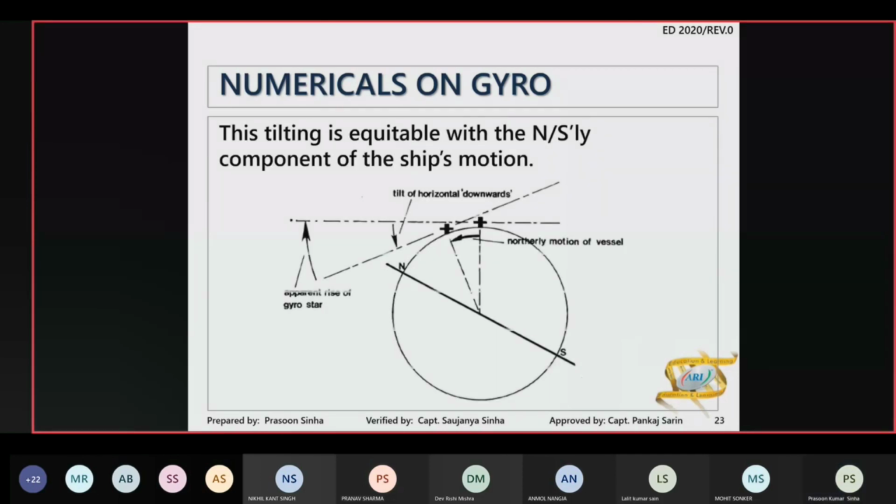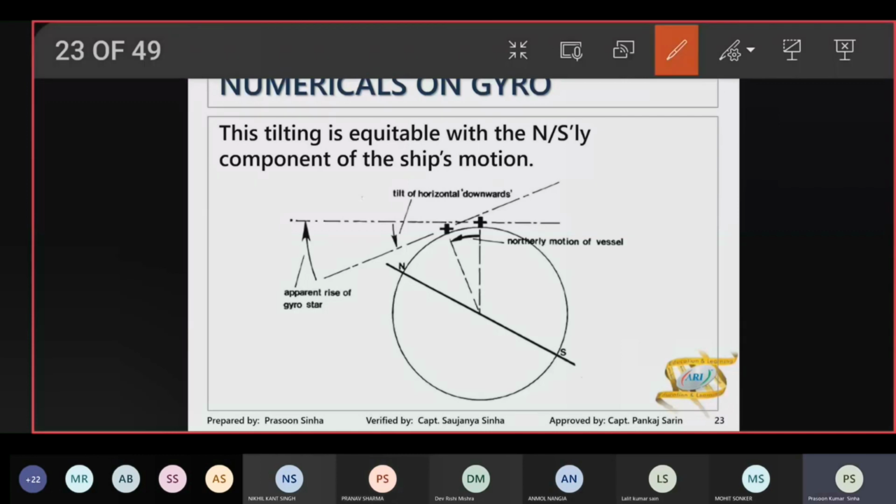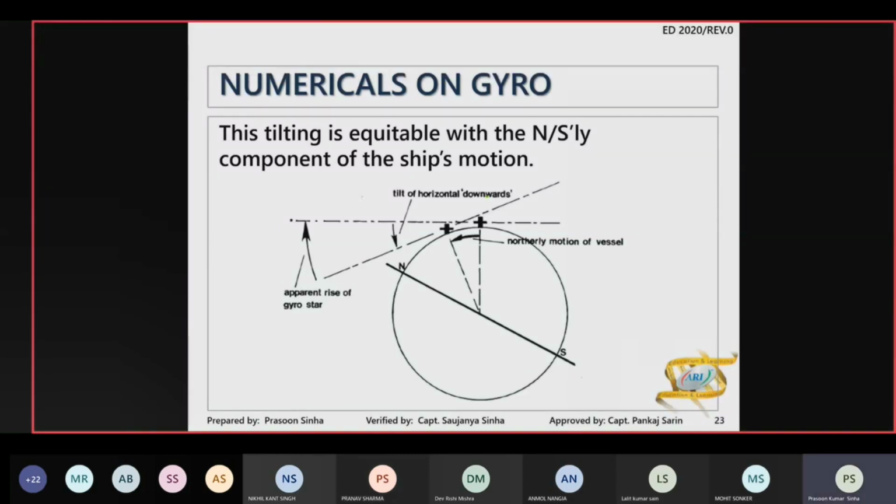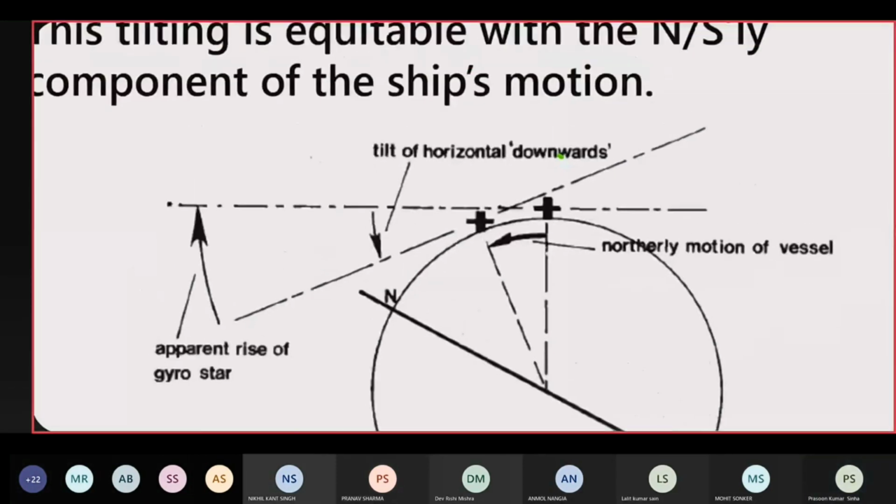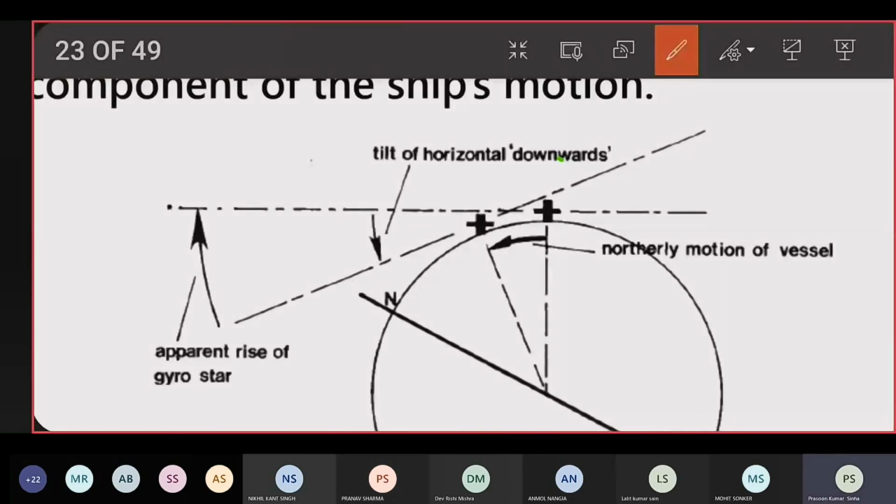that when the ship is at this place, इसको थोड़ा बड़ा करते हैं. When the ship is at this place, it is looking at the mango here, which is the gyro star. Because the ship is moving towards the gyro star, meanwhile always looking at the gyro star. Remember rigidity in space.